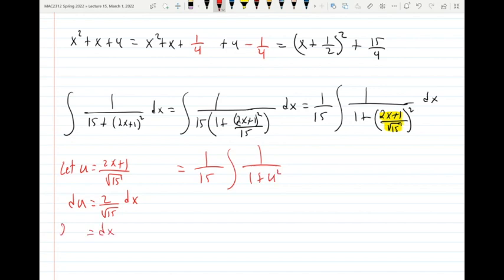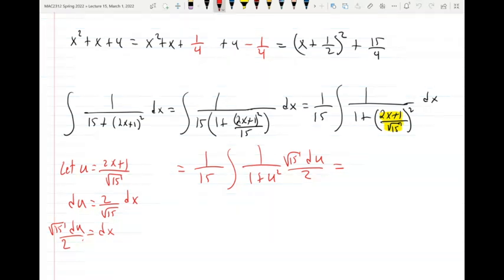Okay, dx is 2 du over square root of 15. No, the other way around. Square root of 15 over 2. So this becomes, okay. All right, I'm gonna leave it rationalized. But typically in this kind of situation, what I like to do is cancel this square root of 15 with this 15, and then have a square root of 15 in the bottom.